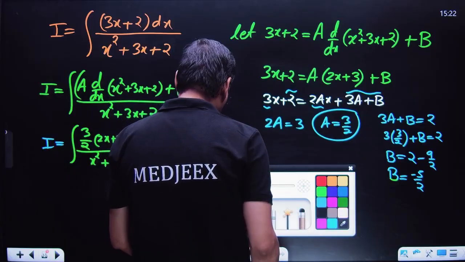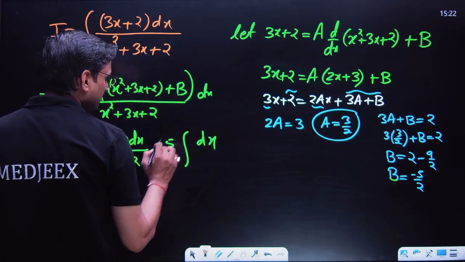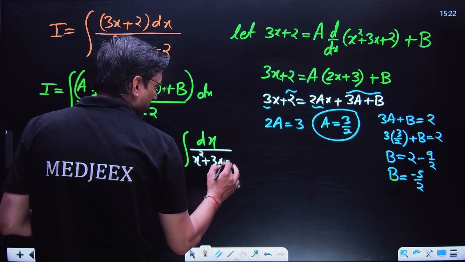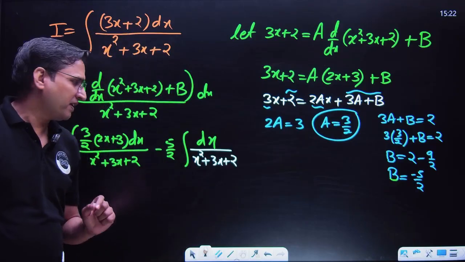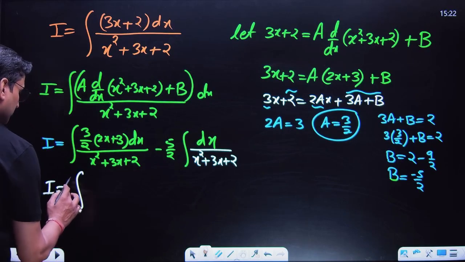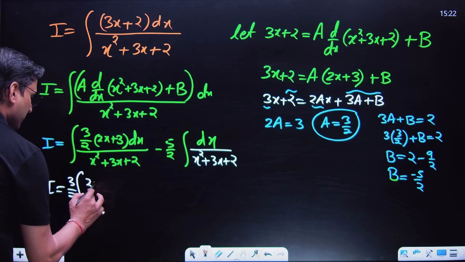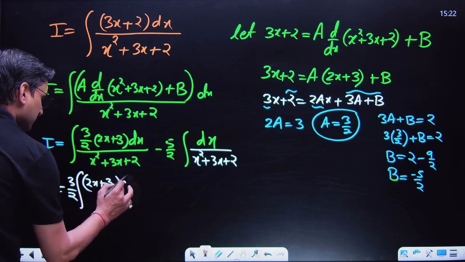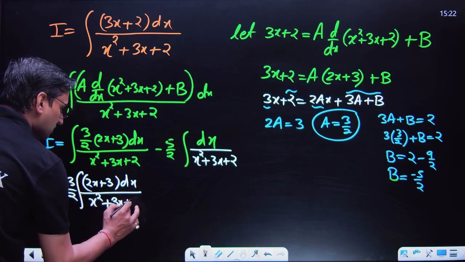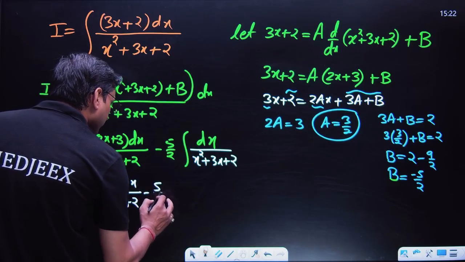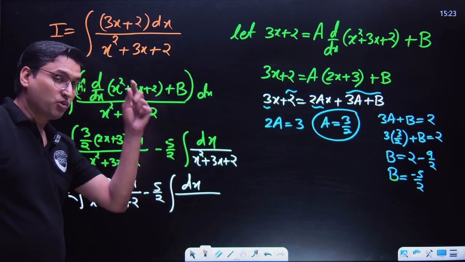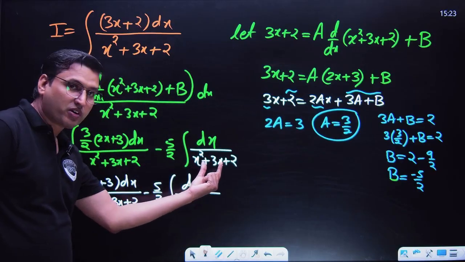Now one thing more, students. This is dx upon x square plus 3x plus 2, and we are going to simplify this step as 3 by 2 is outside, this is 2x plus 3 into dx, and this one is nothing but x square plus 3x plus 2, and this is written as minus 5 by 2 dx, and we are going to utilize the completing the square method over here.